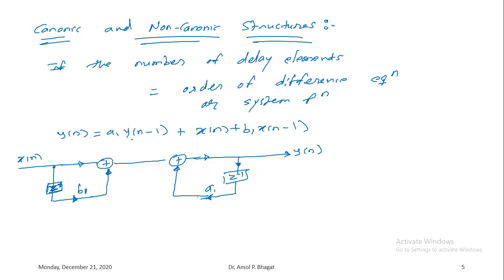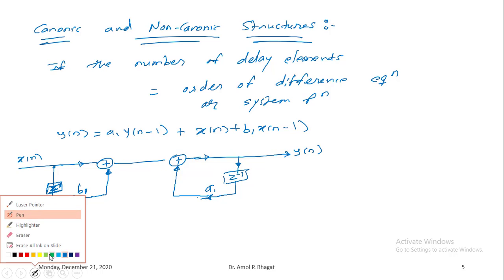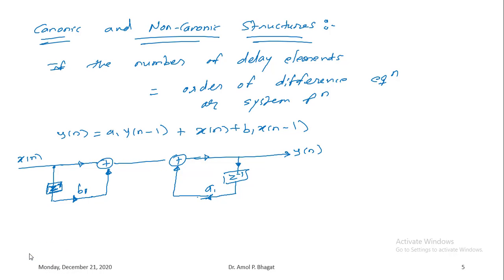So see, this is another realization structure for the same difference equation, right? So again, for your understanding, I will indicate the output at every point. So here this x of n is going into this delay, so here the output is x of n minus 1. Here it is multiplied with b1, so the input applied here will be b1 x of n minus 1.